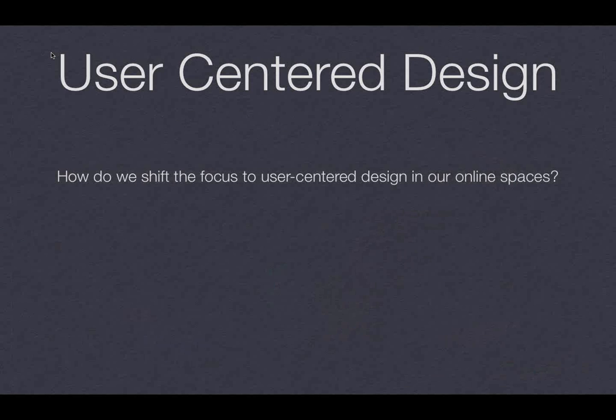So how do we shift the focus to user-centered design in our online spaces? And I guess the question that I could ask here too is, how do we do this in our own organizations? I think we do this by helping our organizations recognize the value of user-centered design.